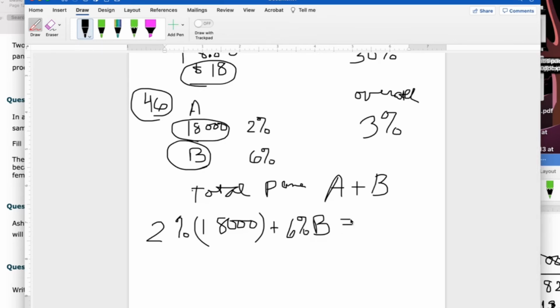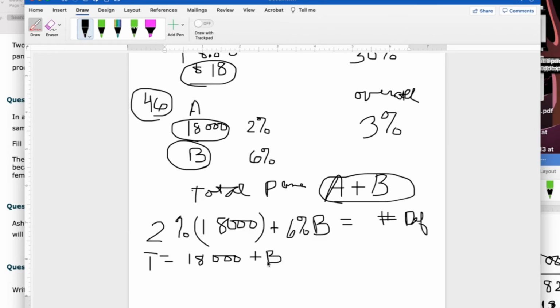That is the total number defective. We know that the total number of panels is how many A plus B made. So we could say total panels equals A, which was 18,000, plus B. That's the total.